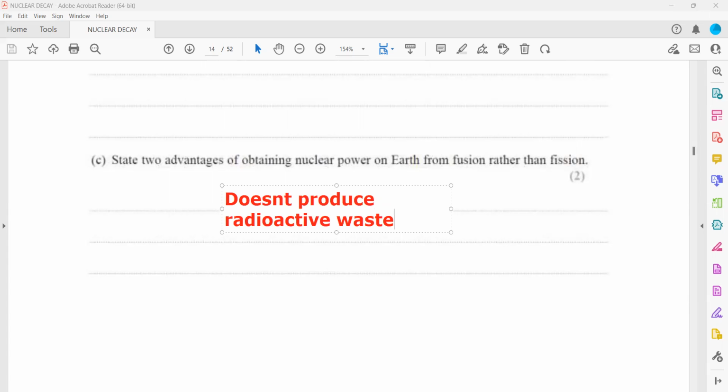That is one thing. And the second thing, we have infinite fuel available, hydrogen, for fusion. But for fission, we have a limited amount of uranium to undergo a nuclear fission reaction.